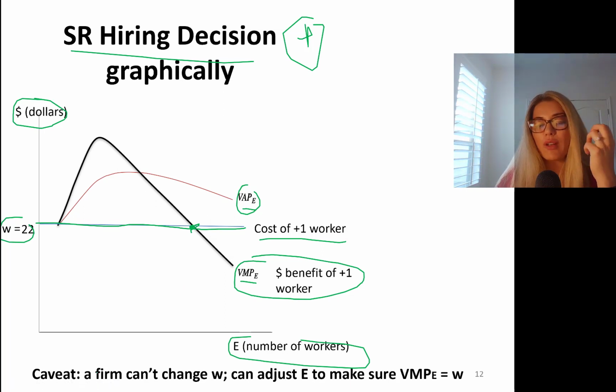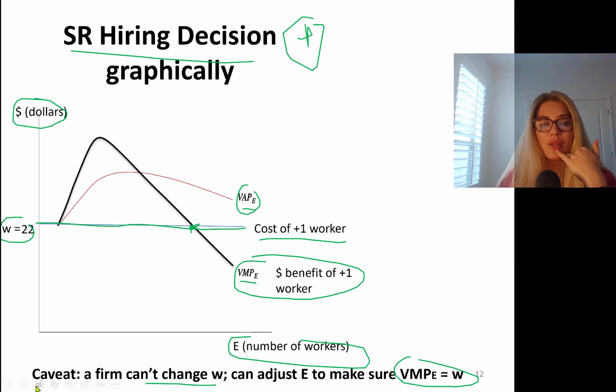So here's a warning, caveat. A firm cannot change wages. You can adjust employment because this is a perfectly competitive firm. We can adjust employment to make sure value marginal product is exactly equal to wage rate. Value marginal product will be equal to your wage rate if value marginal product is here and this is the wage rate.